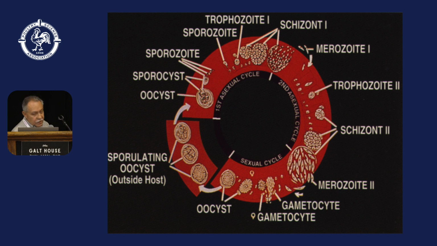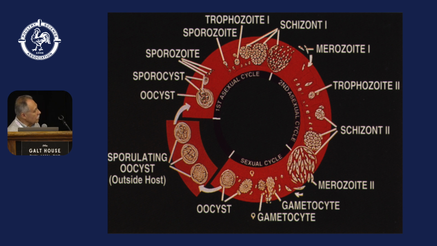These will be swimming freely in the lumen, infect an intestinal epithelial cell, and start developing into a trophozoite 1, which has 1 nucleus, and by process of multiple fission is going to result in a multinucleated large structure contained within a cyst called the schizont.